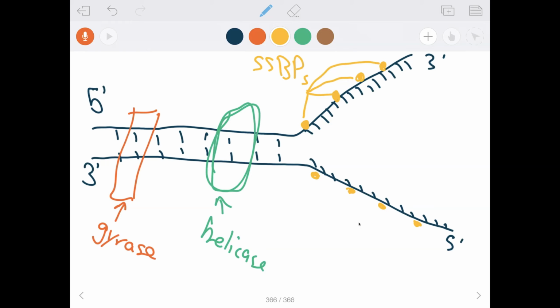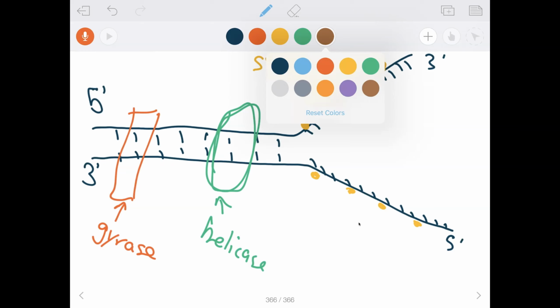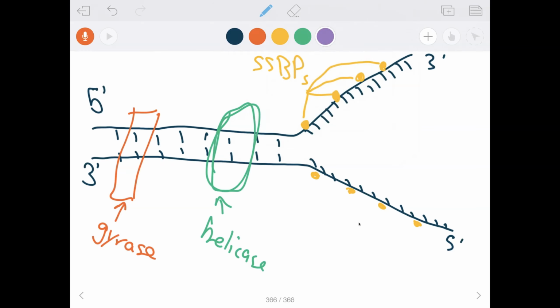So we're going to look at the top strand first because this is what we call the leading strand. It's really easy for the enzymes to do their job because there's nothing in the way. So what happens is there's an enzyme called primase that puts down a little section called a primer.